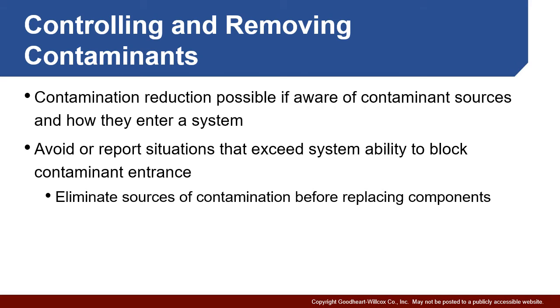Keep in mind, there are all the negative effects of contamination that we want to avoid. So once you find that you're getting a high level of contamination, you need to go back and find the source. This may mean servicing the equipment. It may mean changing the filtration system. It may mean changing something about the environment in which the system is operating.